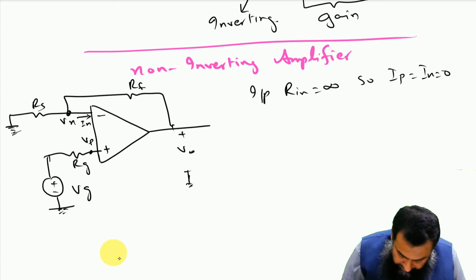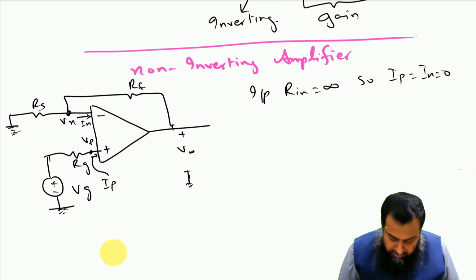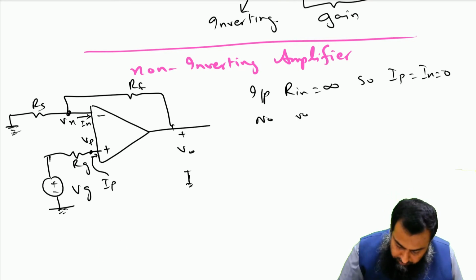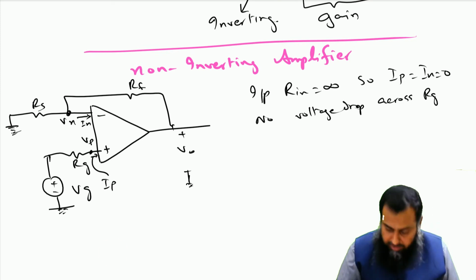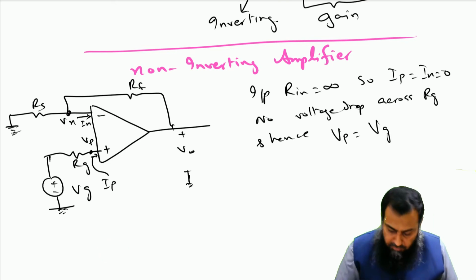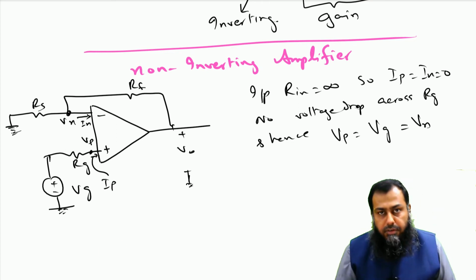This is In, and this particular current is Ip. Both are equal to 0, which means that there is no voltage drop across Rg, and hence Vp is equal to Vg, and therefore that is equal to Vn, using the concept of the virtual short.